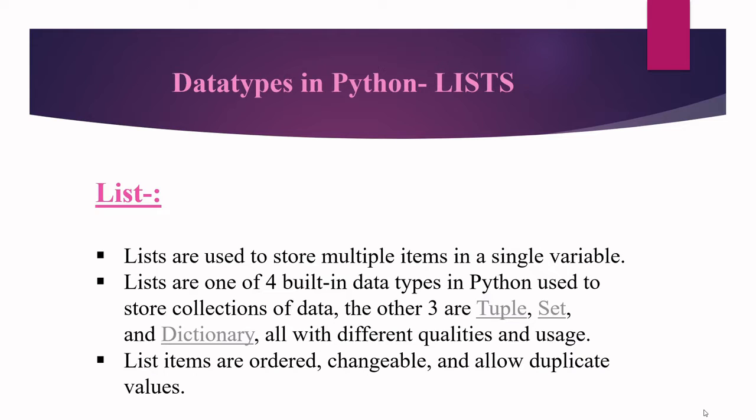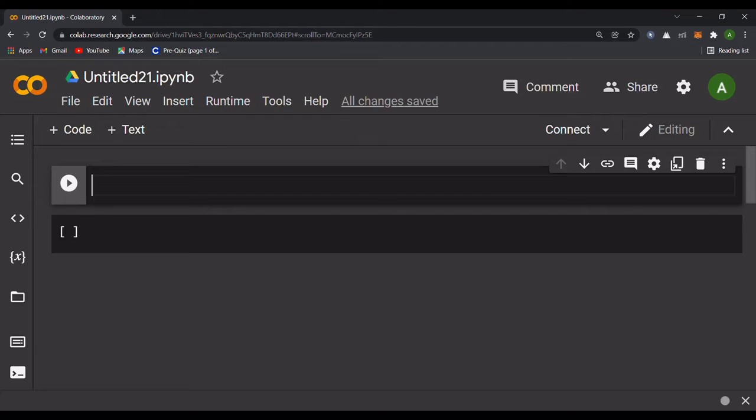So now let's see how to create a simple list. Now we'll go to our Google Colab and start writing the code. Let's create a simple list over here. Let's initialize it with A, and the list is created in square brackets.